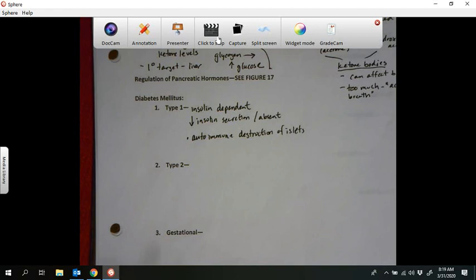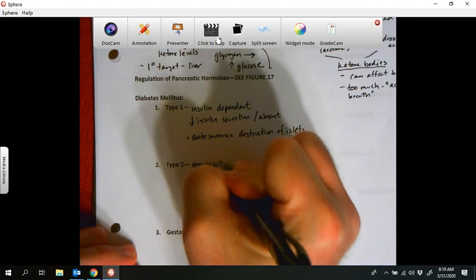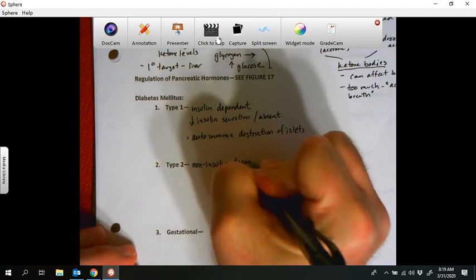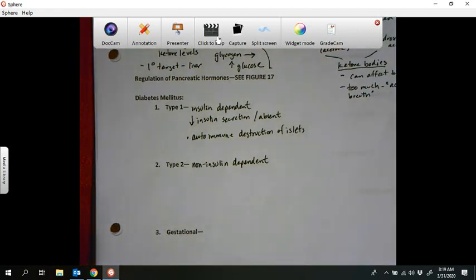Type 2 diabetes, non-insulin dependent, usually is going to be something that manifests later in adulthood, and there are a lot of risk factors for this: excess weight, non-exercise, poor diet.